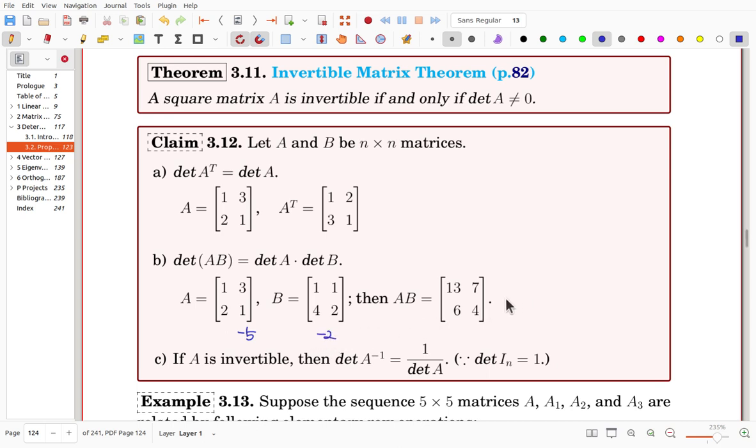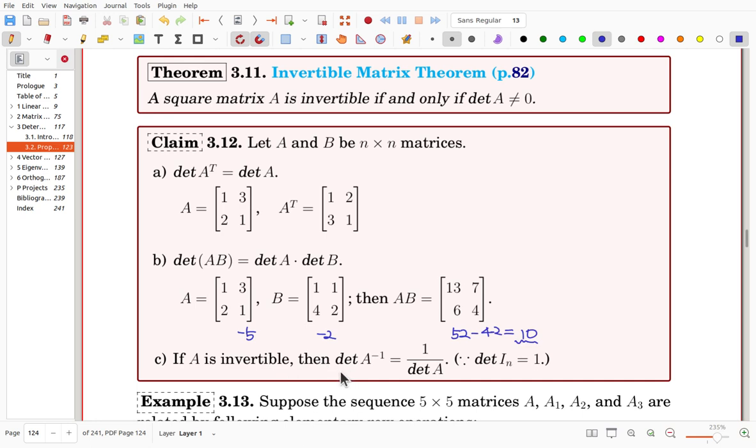How about AB? The determinant of AB is 13 times 4, which is 52, minus 6 times 7, which is 42, so that must be 10. So minus 5 times minus 2 is the same as 10.